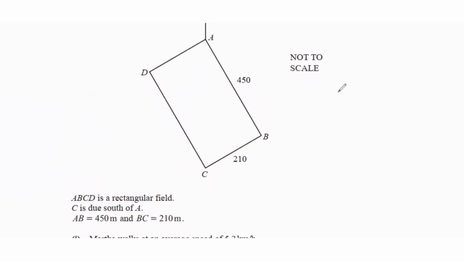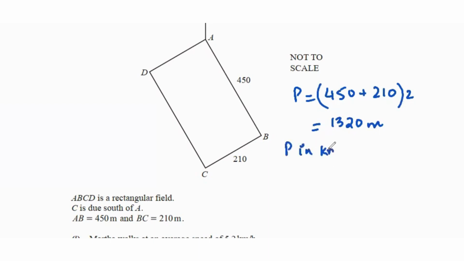So for the perimeter, we first find 450 plus 210 times 2. That is going to equal 1320 meters. So let's convert this into kilometers. So the perimeter in kilometers is going to be 1320 divided by 1,000, which is 1.32 kilometers.